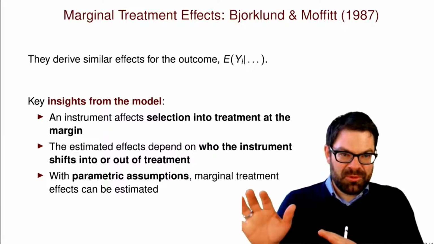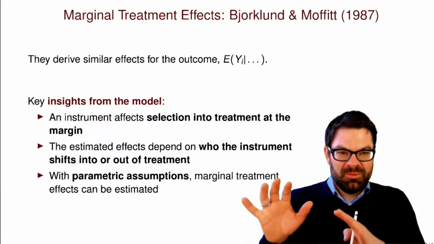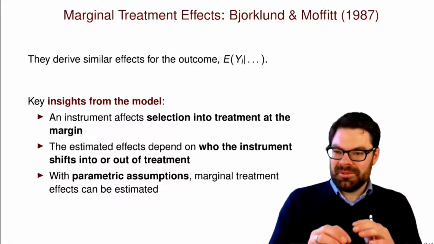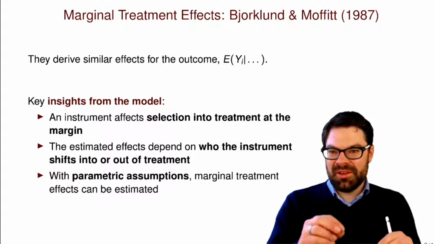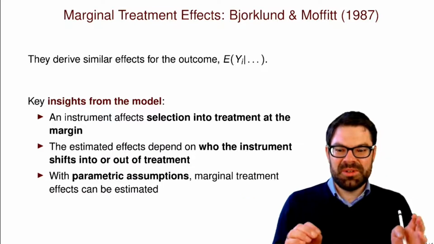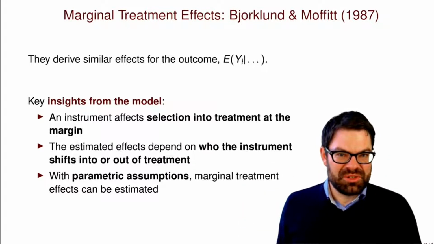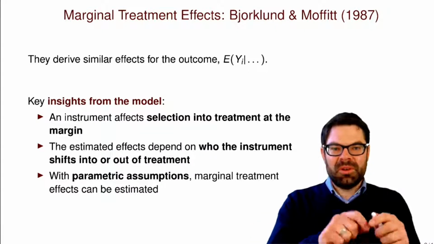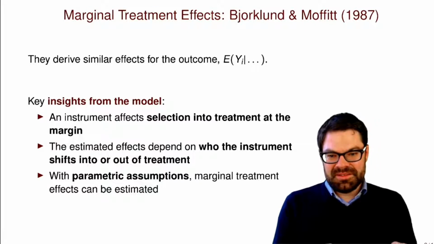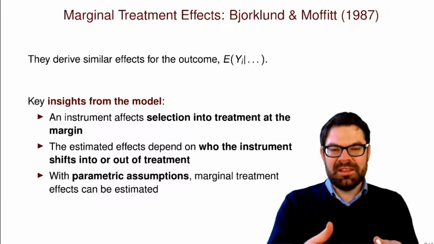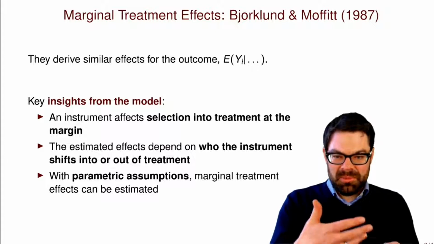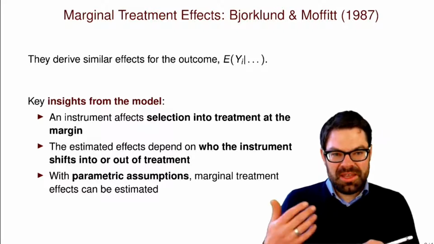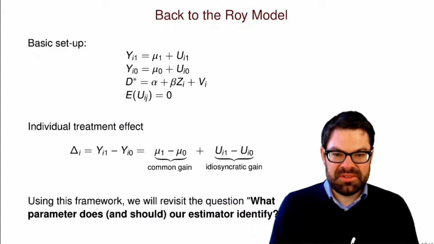The big insight from Bjerklund and Moffitt is that we can quantify these effects that would otherwise be hard to quantify because of all these heterogeneities and things we don't know, with parametric assumptions. So we assume something about the gains from taking the treatment and about the costs of taking the treatment, and by making distributional assumptions about these terms, we can actually estimate those quantities.